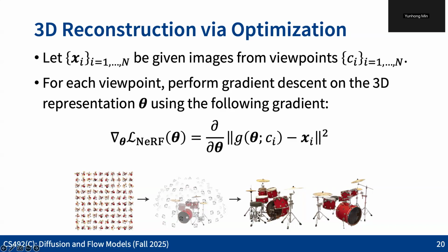Without knowing the details here, especially how we define the rendering function and how we represent this, the basic idea of the reconstruction is that we are performing gradient descent with this specific gradient. So we have a representation and also the rendering function.